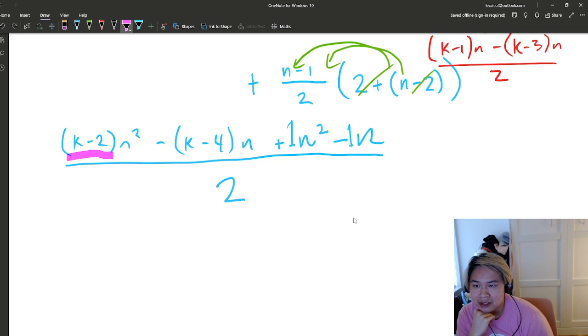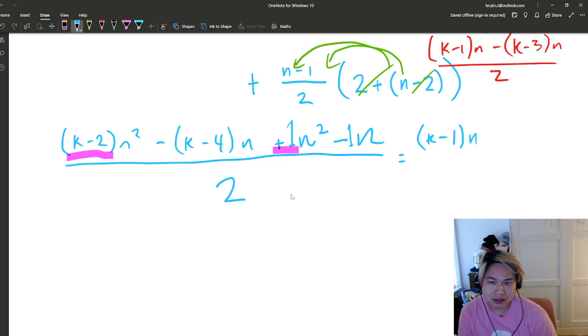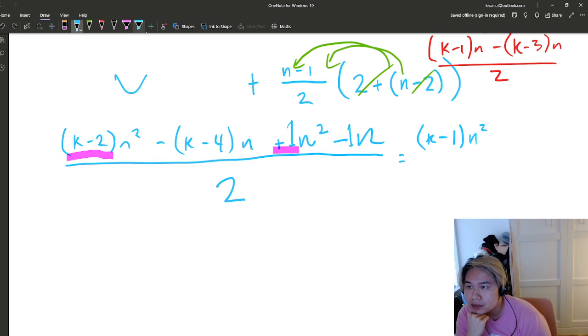Collect my n squareds. So I would add these two coefficients of n squared together. So that gives me my k minus 2 plus 1, which gives me my k minus 1, n squared. So that looks good.